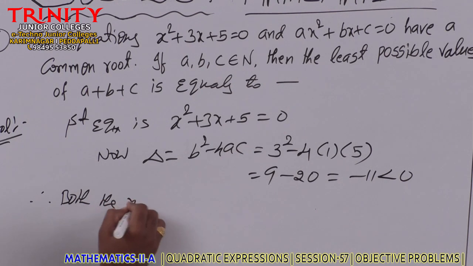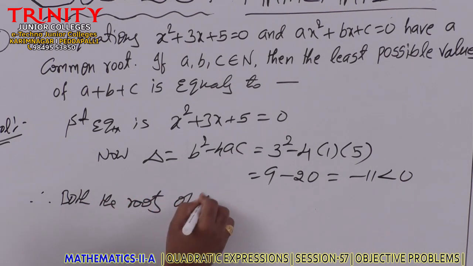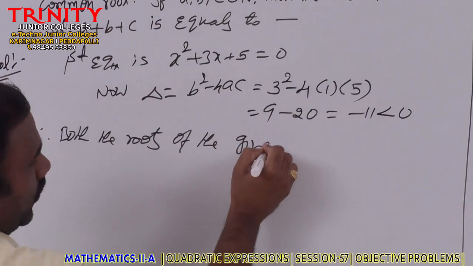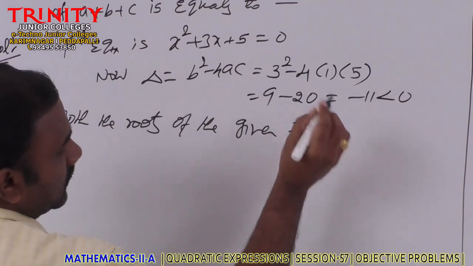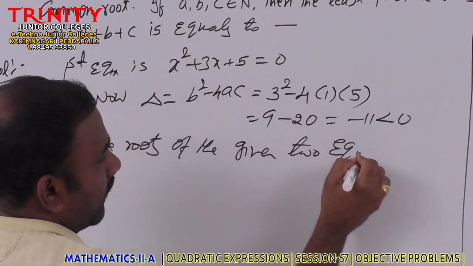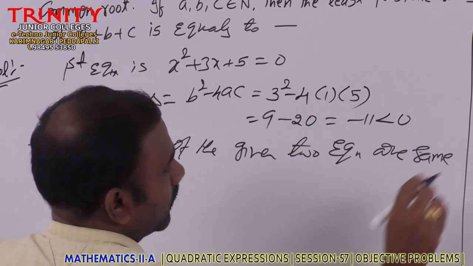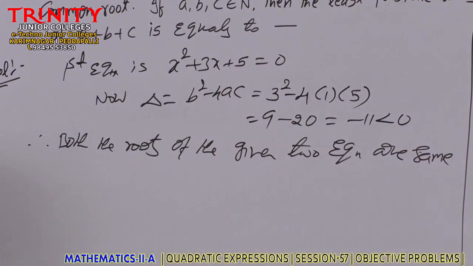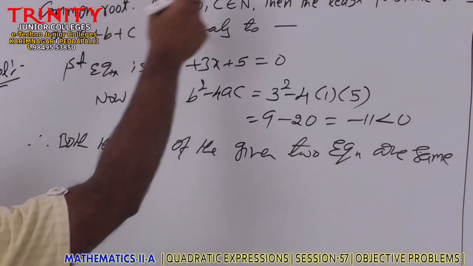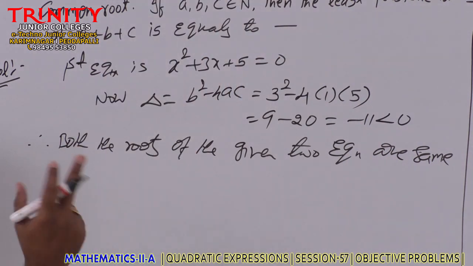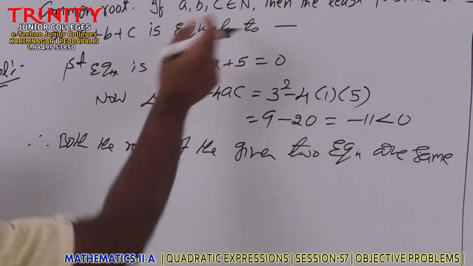Therefore both the roots of the given two equations are same. Okay, therefore both the roots are common. Then we can take the x square coefficient, x coefficient. The ratios of the coefficients are equal.